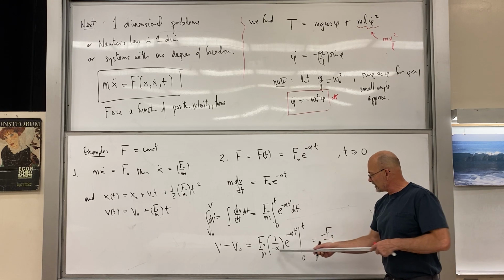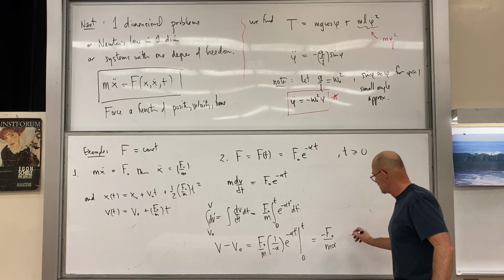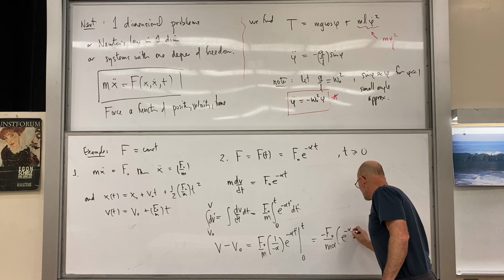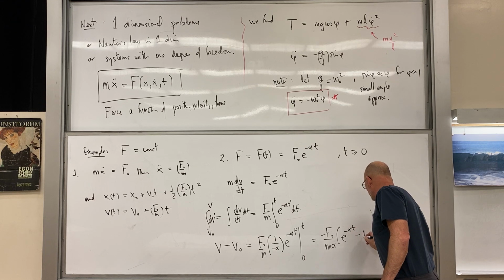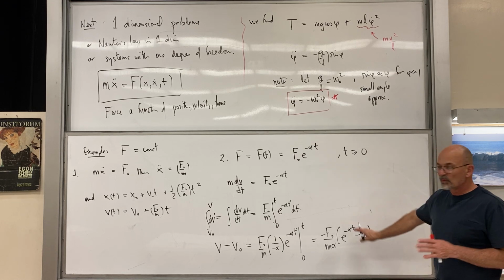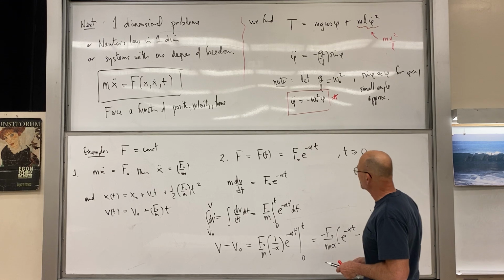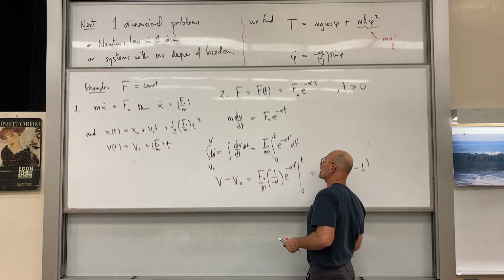So we pulled that out and we have e to the minus alpha t minus 1. Okay. So I'm going to rewrite that and then we'll showcase it. Good, so let's send this up here.